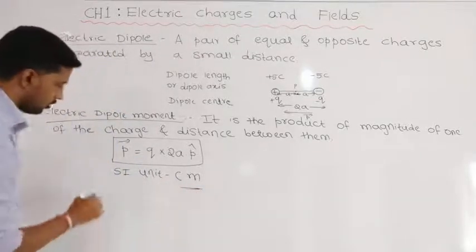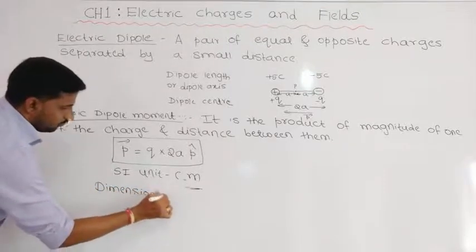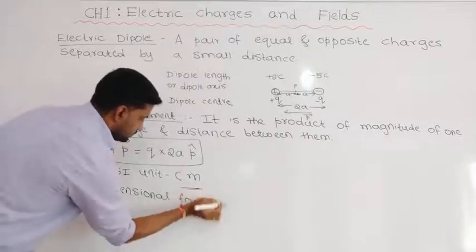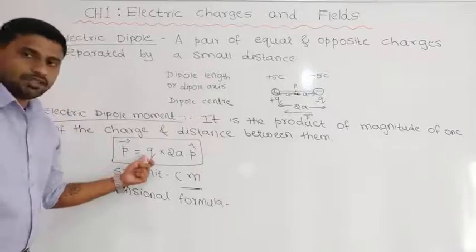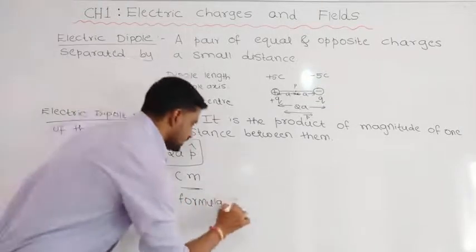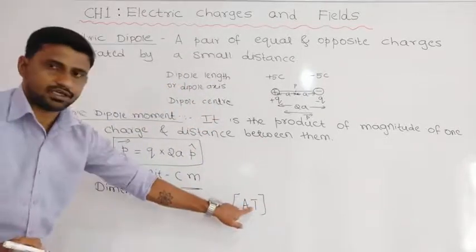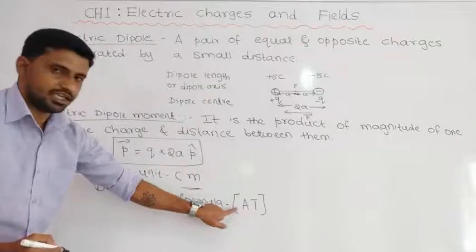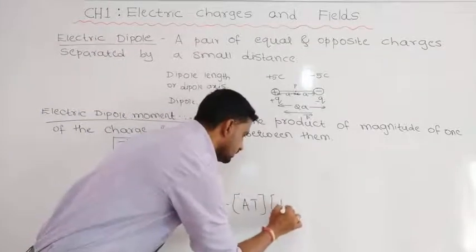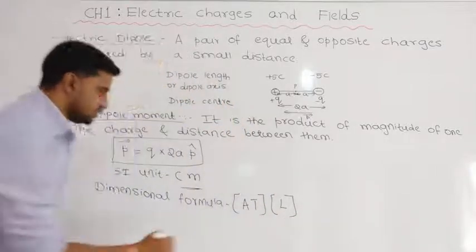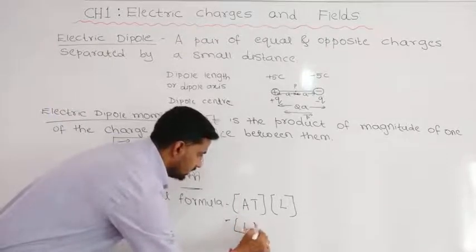And the dimensional formula for electric dipole moment is, you know the dimensional formula for charge is ampere and time, that is A and T, multiplied by the length, whose dimensional formula is L. So the dimensional formula for electric dipole moment becomes LAT.